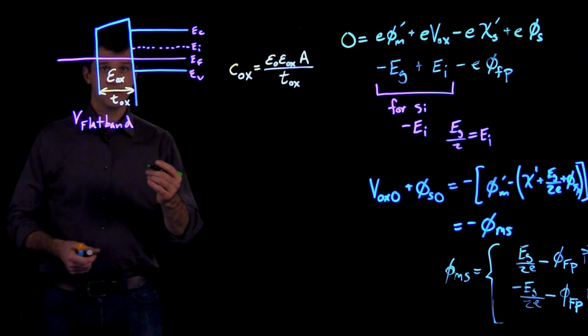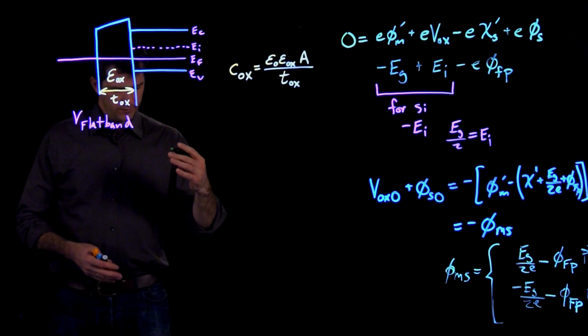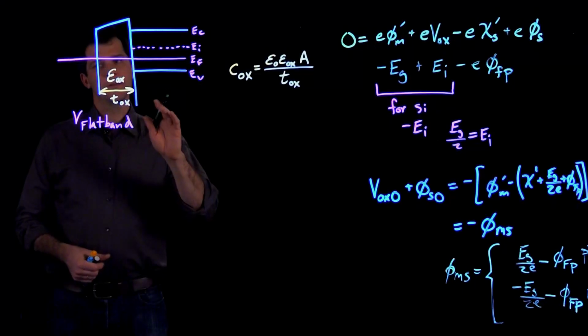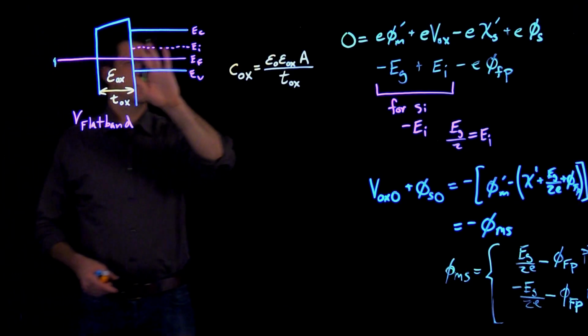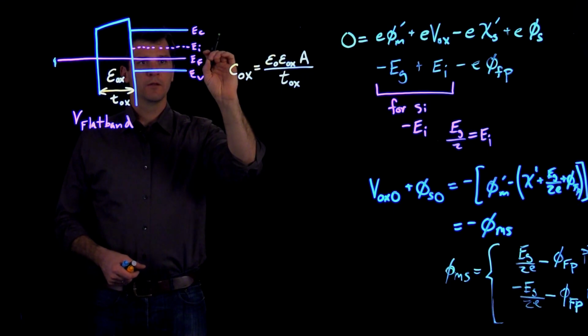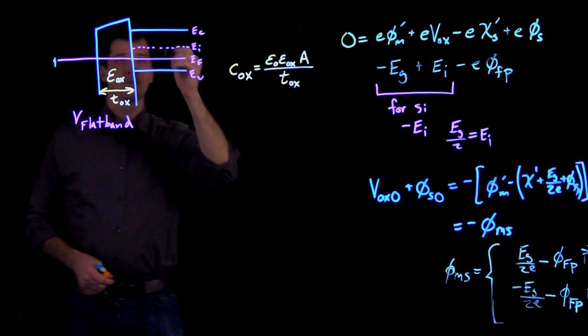So the gate voltage is going to be the voltage applied between the metal and all the way far away from the interface.